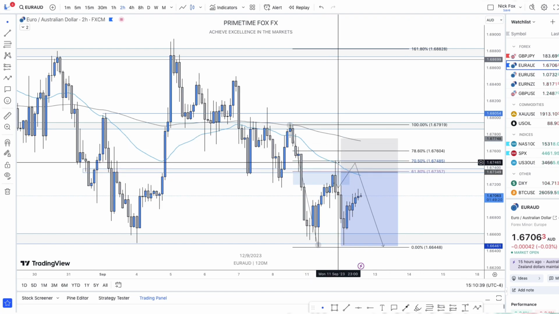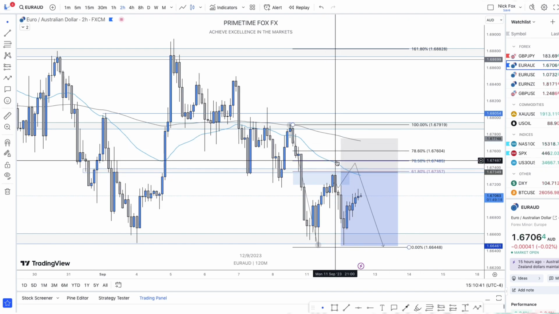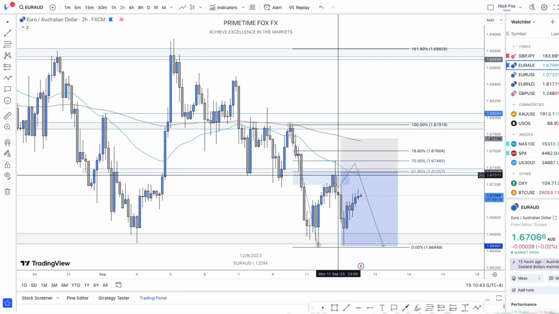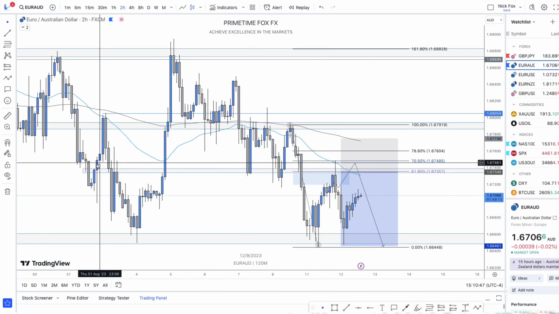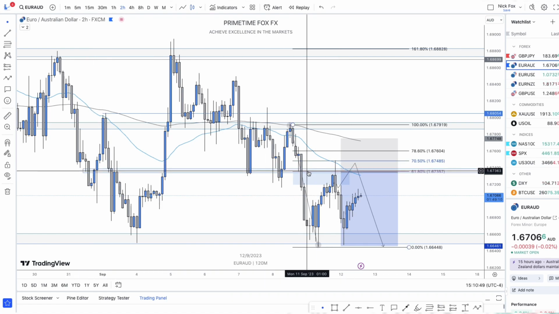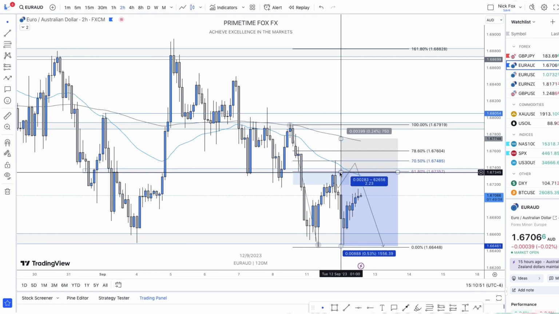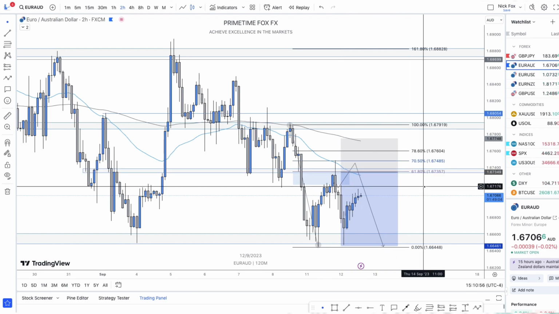Price spiked up, came into our area of confluence, closed right back down here. If you see that close of these two candles right below that key market zone here on the 2-hour time frame, once it comes into there, without any hesitation, because we have our confirmations, you take the trade.